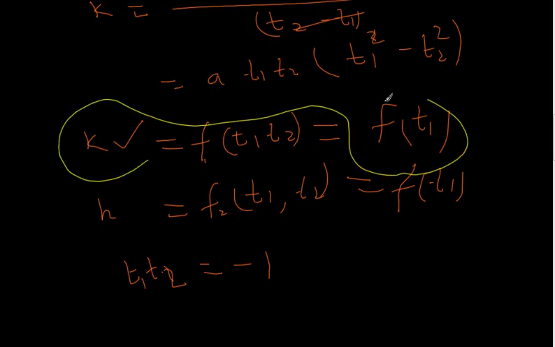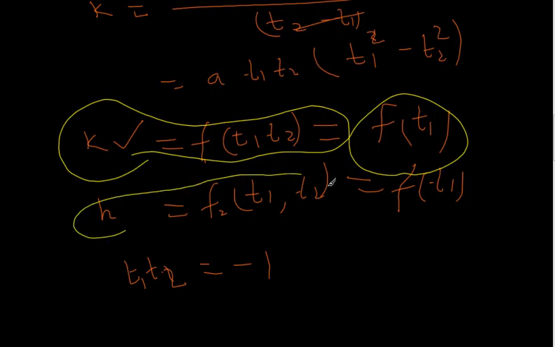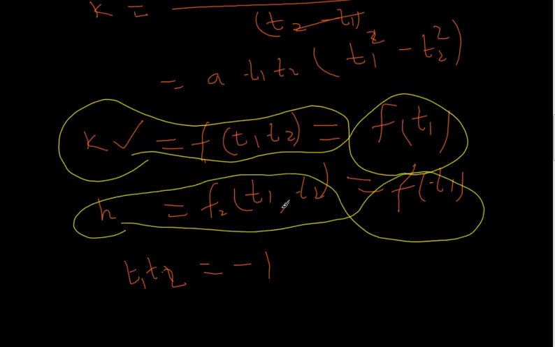You have K as a function of T1 and H as a different function of T1; you eliminate T1 and get the relationship between K and H. In other words, find the T1 value and put it here. That's your problem, and it's very easy to find.